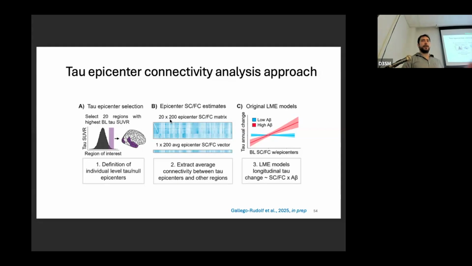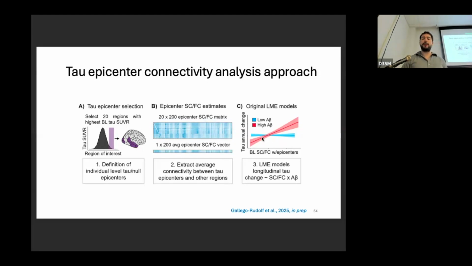And we extract the connectivity vectors corresponding to each of these 20 regions, which is exemplified here. And then we just compute an average across the columns in order to have a single vector that is going to be representing the strength of the connectivity of each cortical region with the tau epicenters on average. And then we use that information in order to try to predict longitudinal tau accumulation.